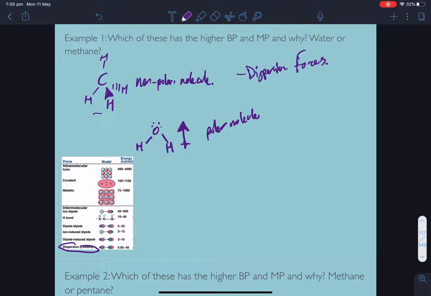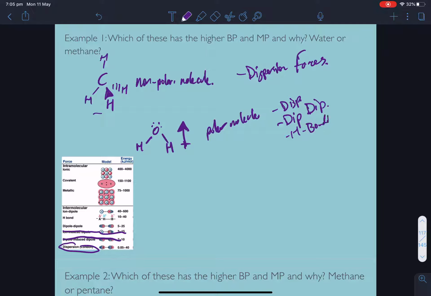Water to water though. Two polars, so, let's start from the bottom, why not? We've got dispersion. We do have dipole-dipole. And let's consider if we've got the conditions to meet hydrogen bonding. Well, we've got two molecules with a covalent bond between an oxygen and a hydrogen, so H bonding.